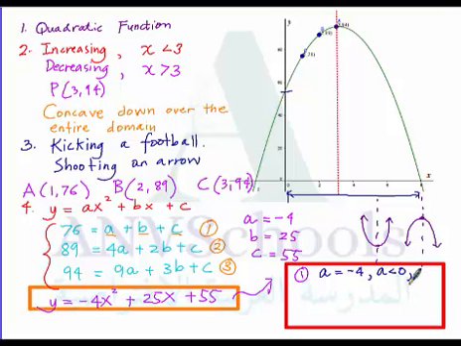In our description of the properties of parabolic curves, when A is negative or less than 0, the function opens downwards. So that confirms that the shape for this function, y equals negative 4x squared plus 25x plus 55, is actually opening downwards, and its concavity is downward also.